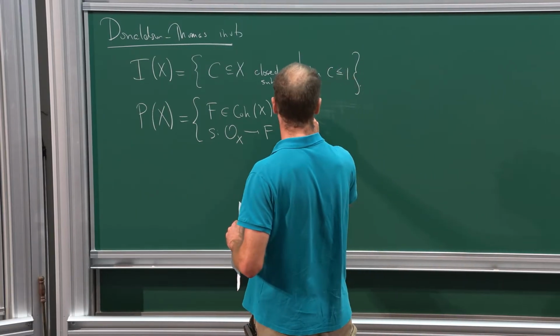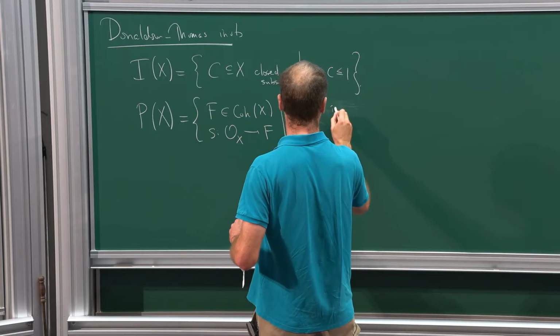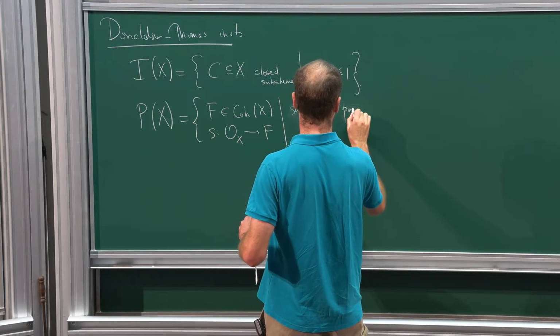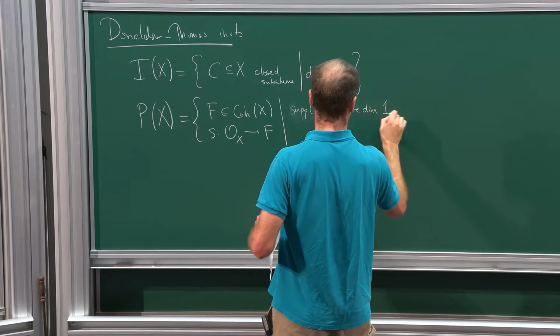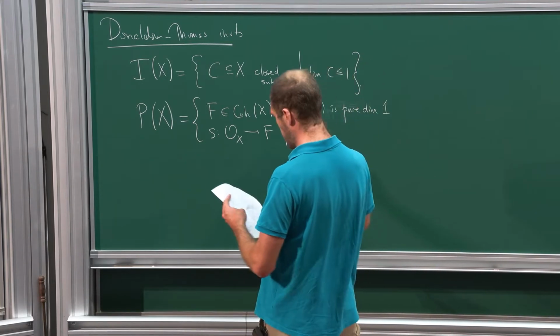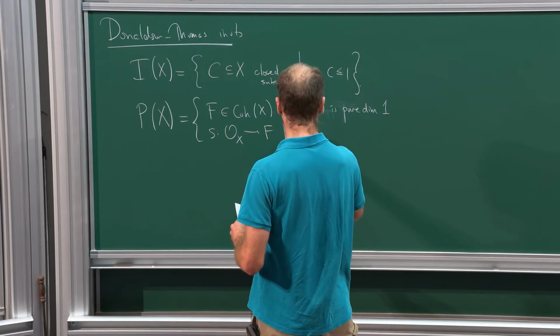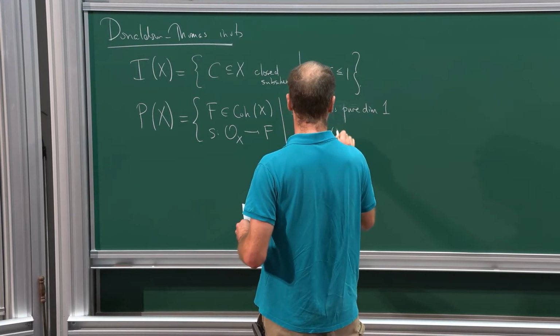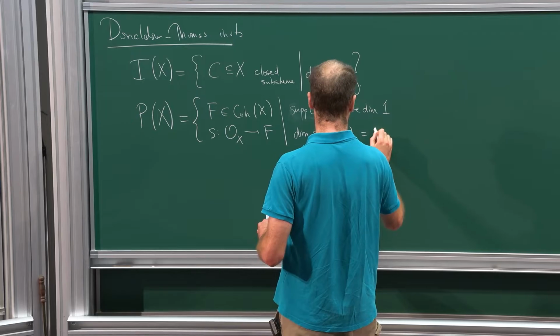F is pure of dimension 1, and the dimension of the support of F modulo S is 0.